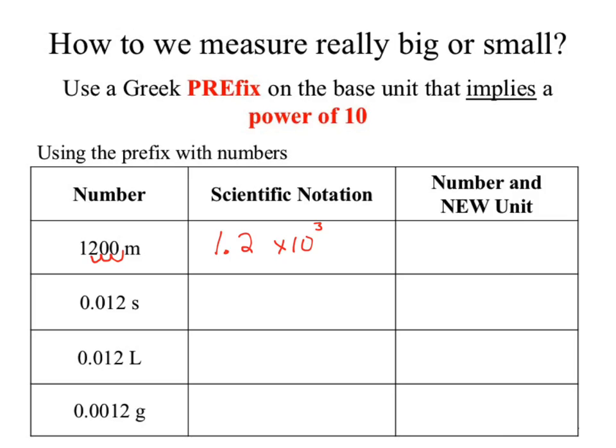So 1.2 times 10 to the third meters. What is my number in the new unit? Well, my number is going to be 1.2, and my new unit will be 10 to the third times meters, which is kilometers.